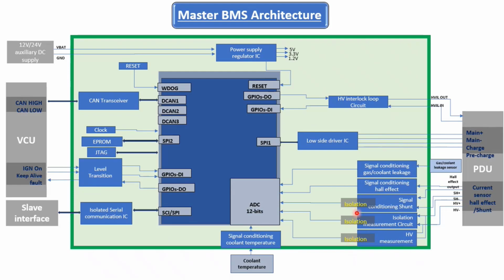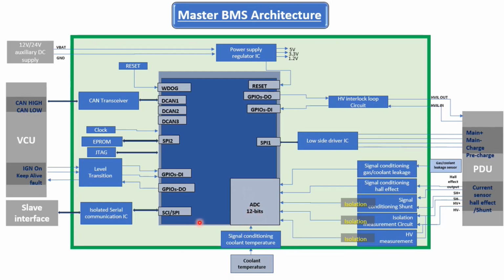The signals we get here are conditioned using the signal conditioning circuit, and the input is given to the analog to digital converter, because the microcontroller cannot take analog information. It is not necessary to go with only 12-bit; if you want finer measurements, you can go with 16 bits.